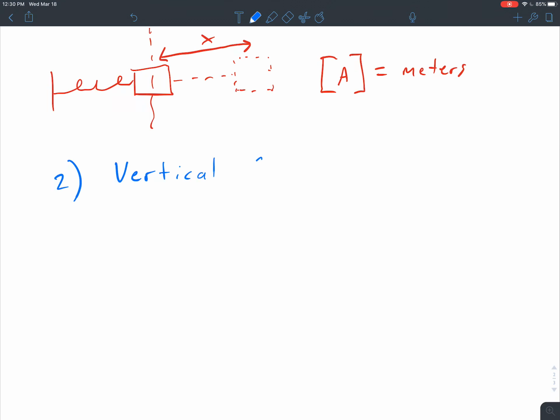vertical spring and mass systems. And this is really just a proof. It's not something you're going to use a whole lot, but I just want to show it to you.